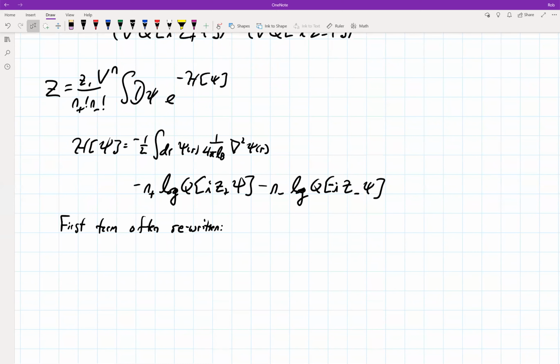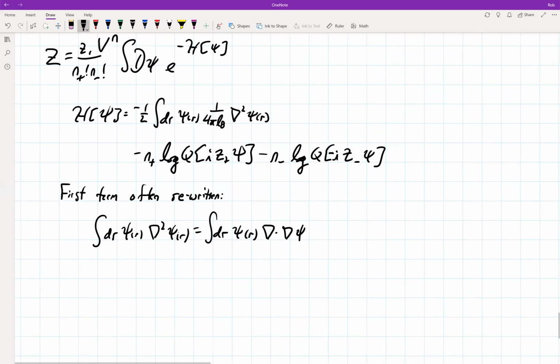So if we do an integration by parts, we have psi of r grad squared psi of r, and we start off by writing this as psi of r divergence of the gradient of psi. And then we do an integration by parts on this thing.